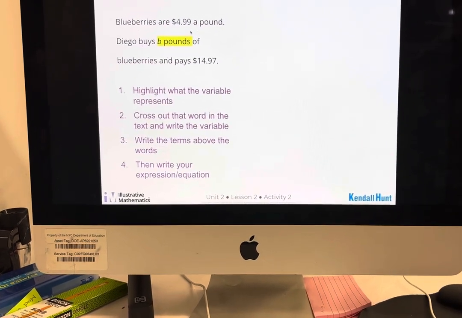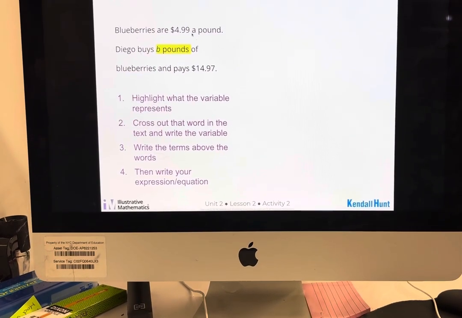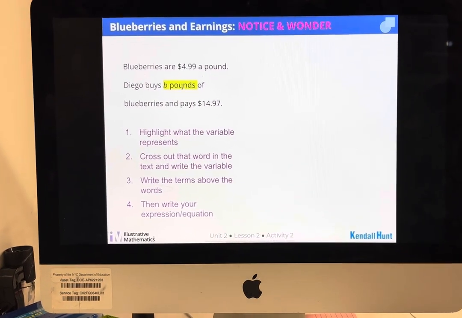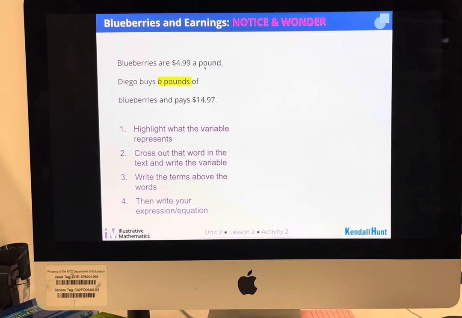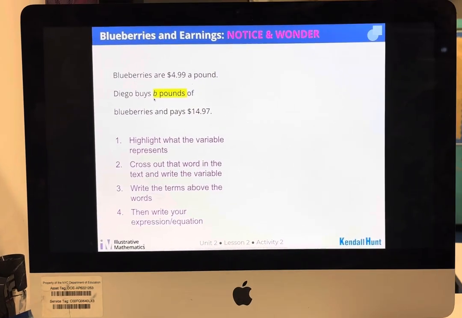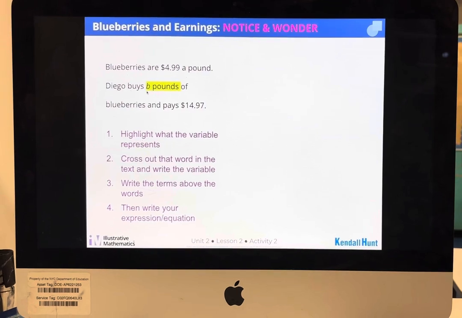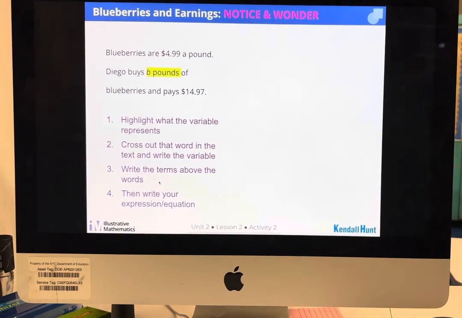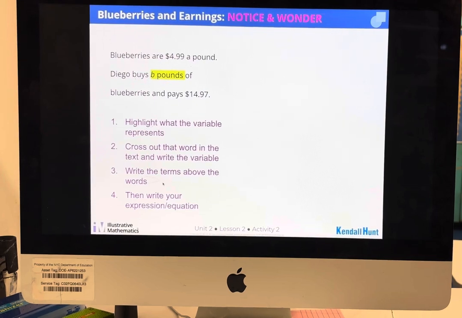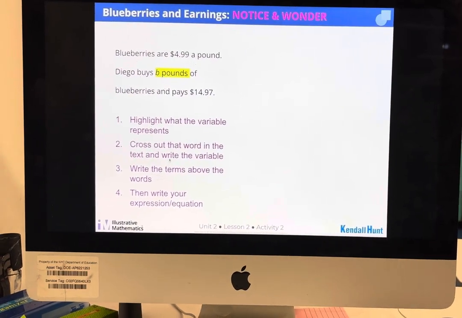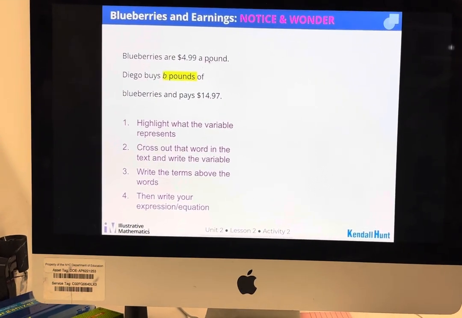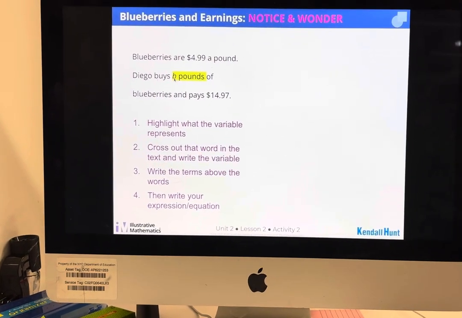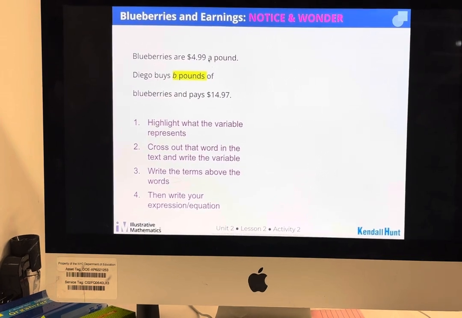You're going to cross out where it says "a pound", and you're going to replace the phrase "a pound" with B. So you'll have 4.99B. Then you're going to write the terms above the words, all right? Just don't forget, after I cross a pound out, I'm going to write the variable B above the phrase "a pound".